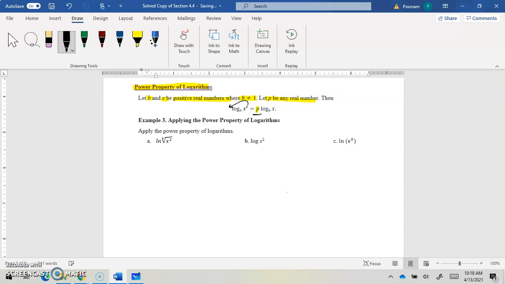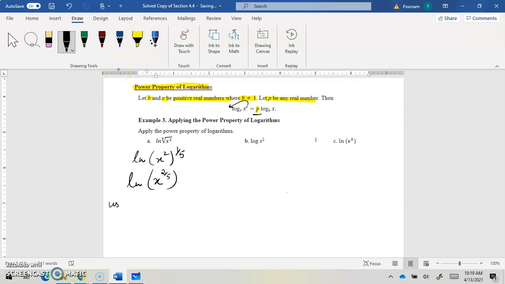In example number 3, part 1 is natural log of the fifth root of x squared. Fifth root basically means the power is 1 by 5, right? Now using power of a power, this would become x raised to power 2 by 5.